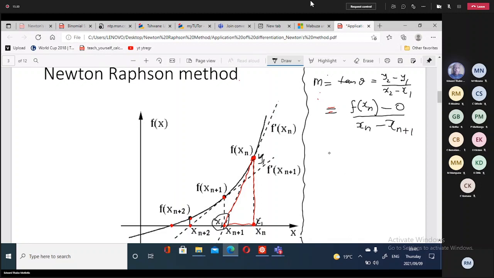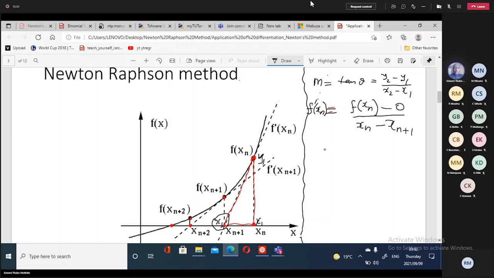Now I have everything that I want. But the tangent line, m, actually represents the derivative at a given point. So the derivative at xn gives us our gradient. So here we have f prime xn.